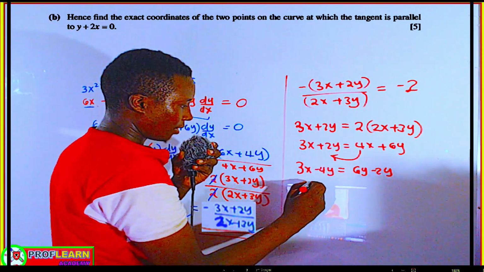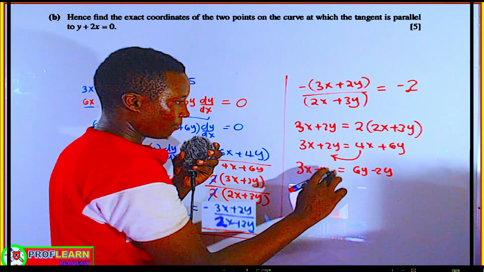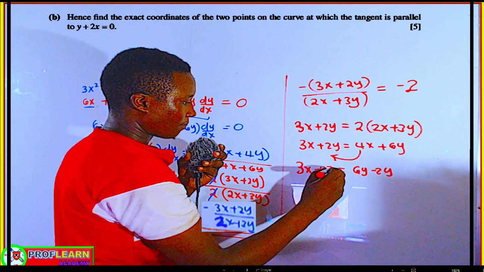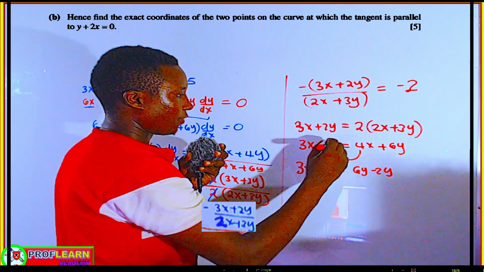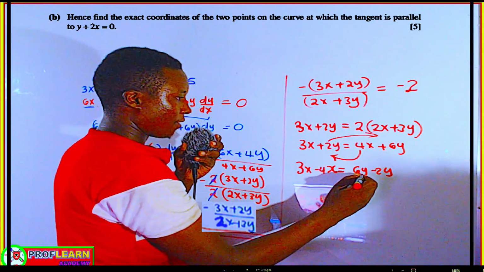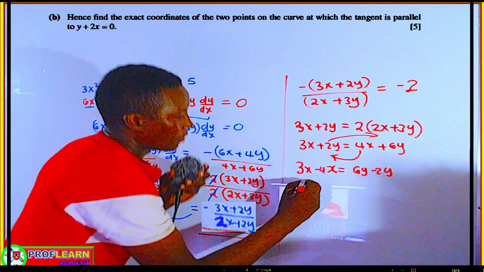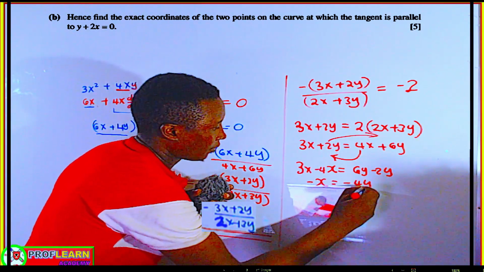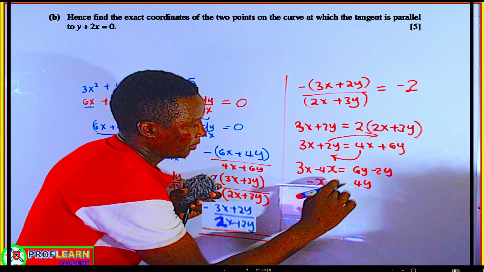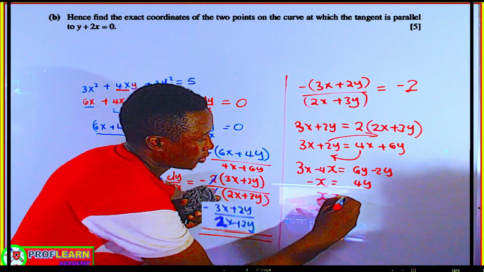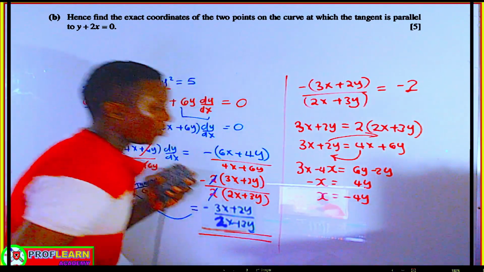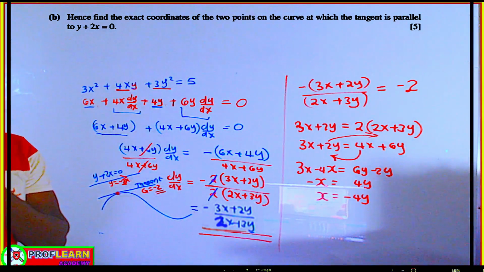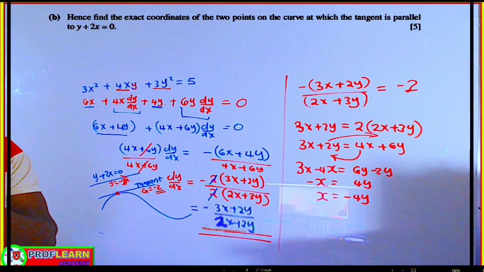We shall have 3x minus 4x, and if I take this on the other side, I'm going to have 6y minus 2y. And this is going to be negative x equals negative 4y, positive 4y that is, so x equals negative 4y.